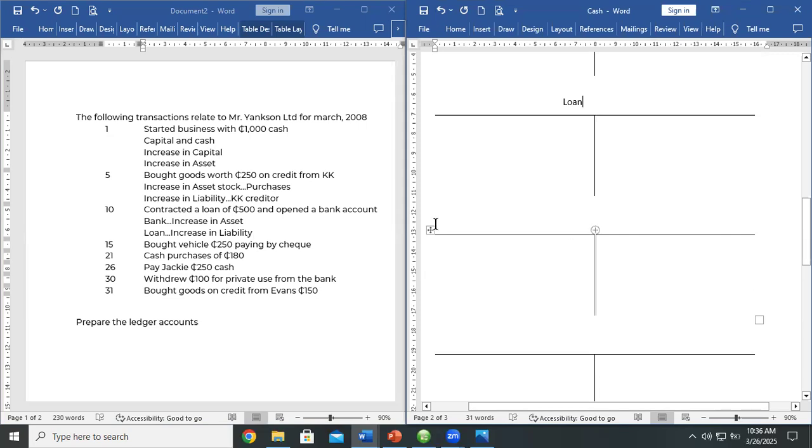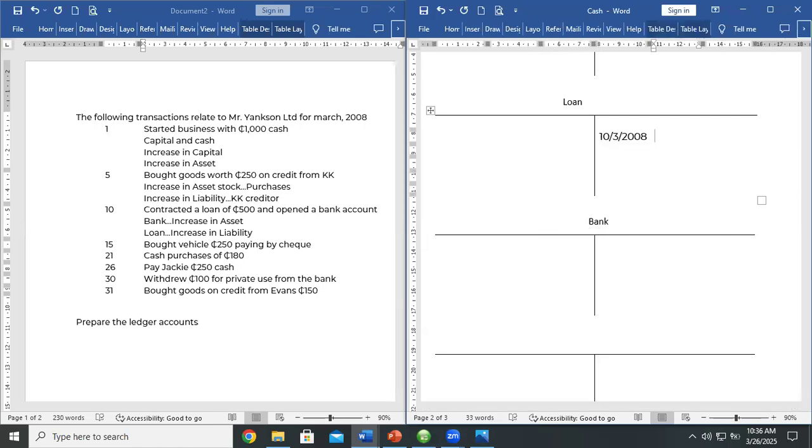Like I told you, anytime you take a loan, you credit the loan account. So we put the date, 10th March 2008. The narration will be bank, and the amount is 500. Then in the bank account, we debit, 10th March 2008. The narration will be loan, 500. Make sure you put your currencies in your amount column.